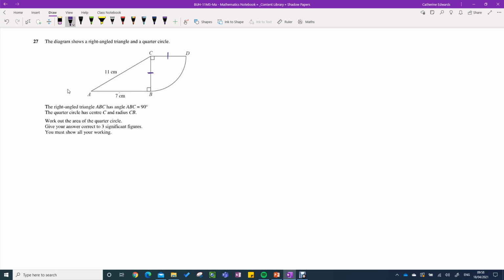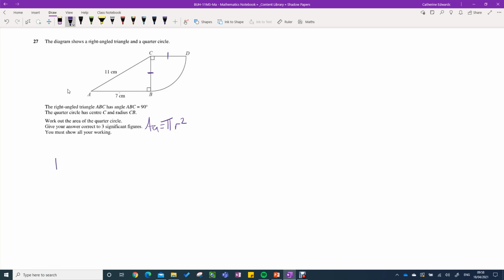Okay, so I know to find the area of the quarter circle, I'm going to need to do pi r squared, which means I need to know r. But I can see that r is part of this right angle triangle. And if I've got two lengths of a right angle triangle, I can find the third.